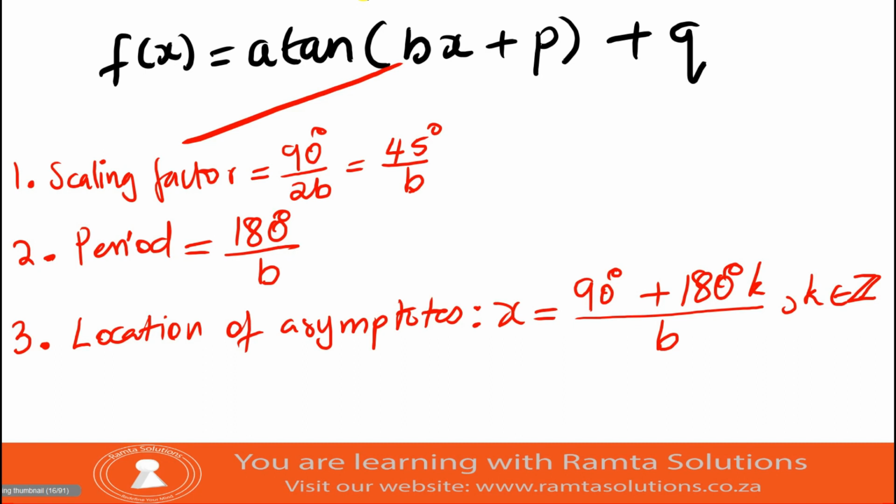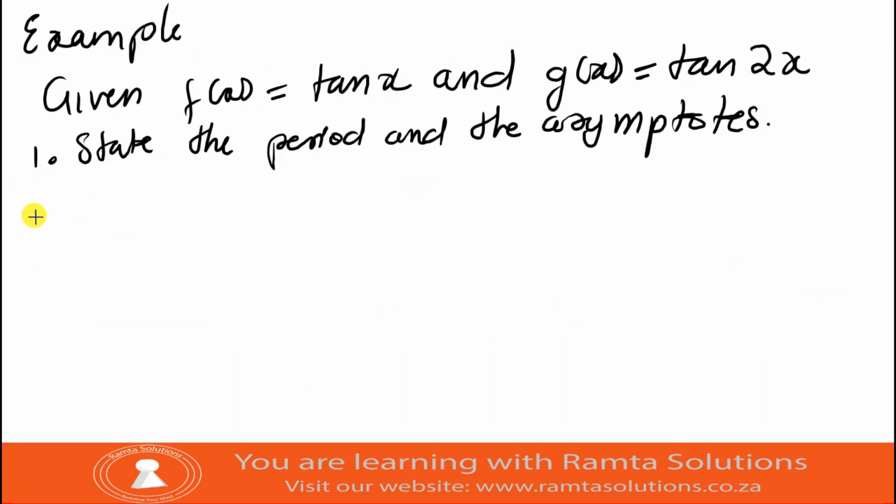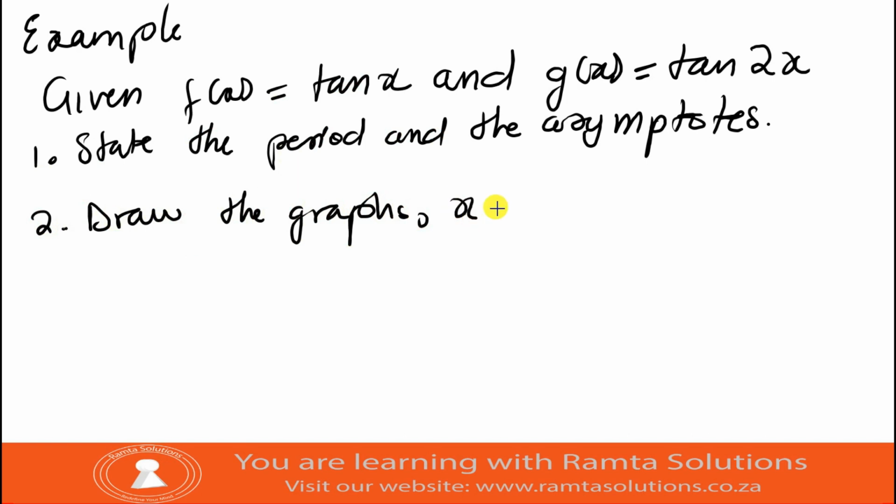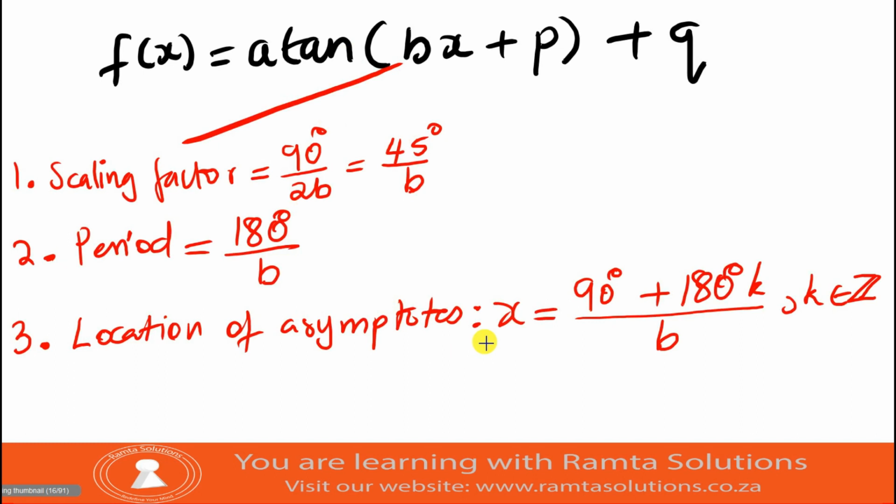I think this is all we can say. And two, draw the graphs, of course, when x is an element of 0 degrees included and 360 degrees included. This is the example that we are going to look at.